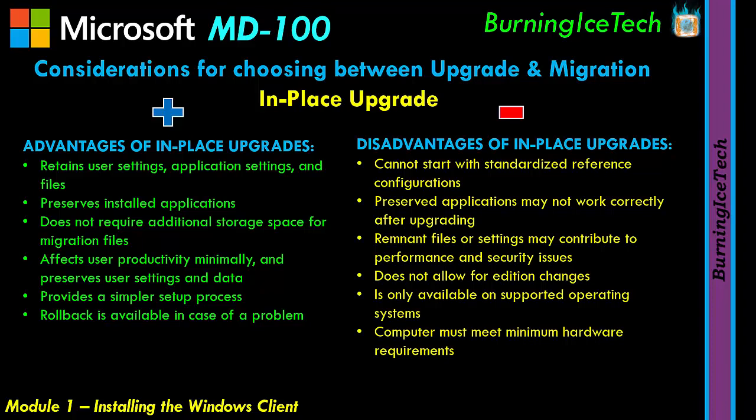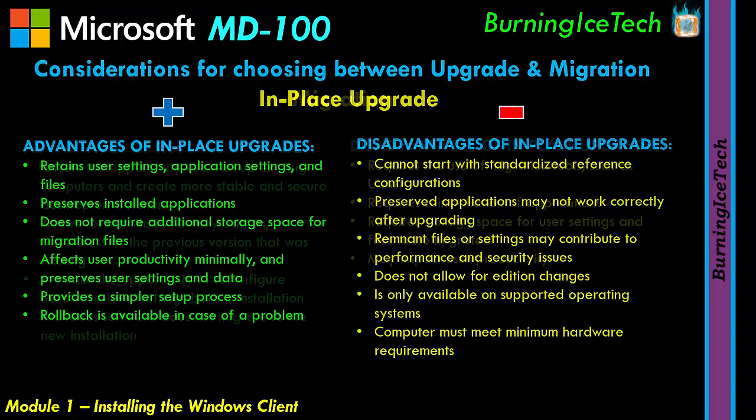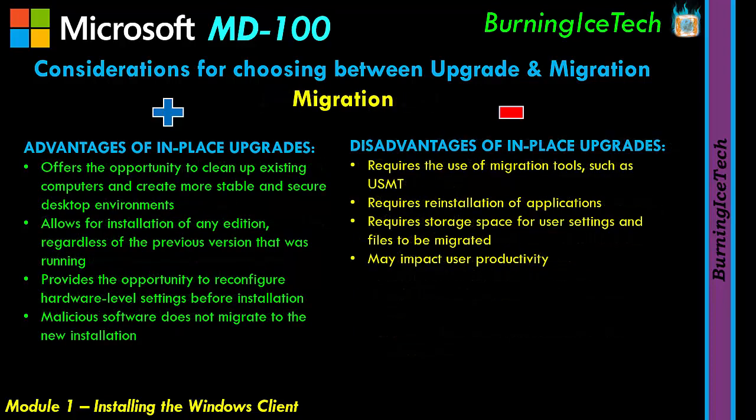So that's not really a disadvantage, it's just common facts, of course. So let's look at the migration advantages and disadvantages. Looking here on the left once again, offers the opportunity to clean up existing computers and create more stable and secure desktop environments. Yes, because you're effectively moving from one physical machine to another physical machine in most cases. So this of course means you're going to have the opportunity to do a little housekeeping.